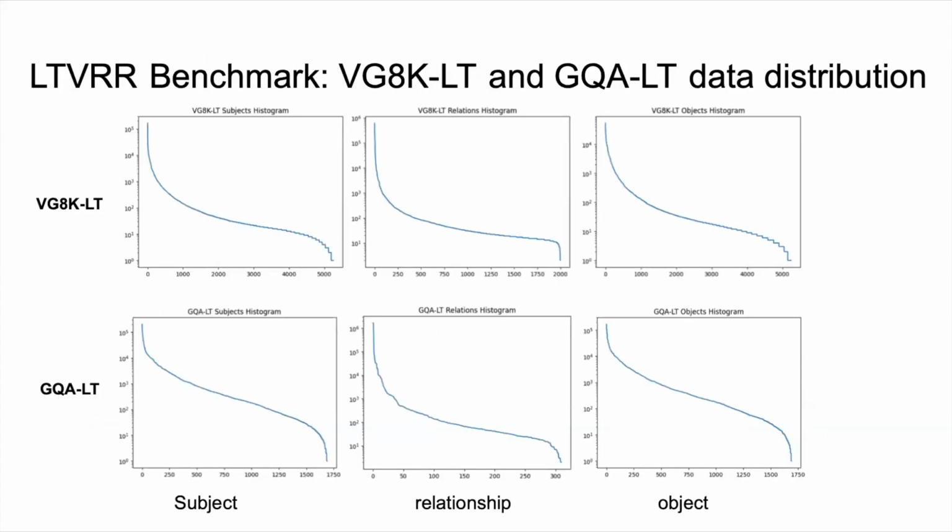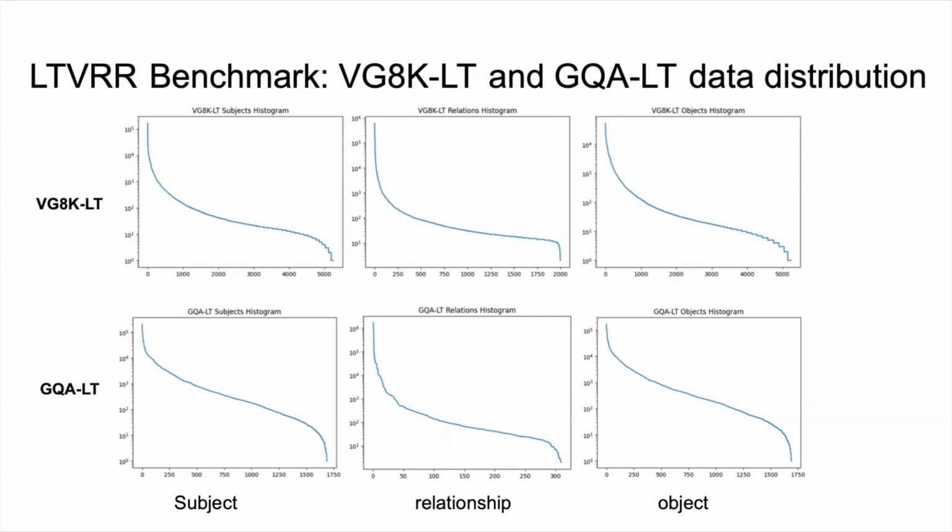Let's look at the data distribution for these two datasets. We have illustrated the distribution for subjects, relationships, and objects. From this figure, you can see how long-tail it is. Let's take the relationships of VG8K LT as one example.